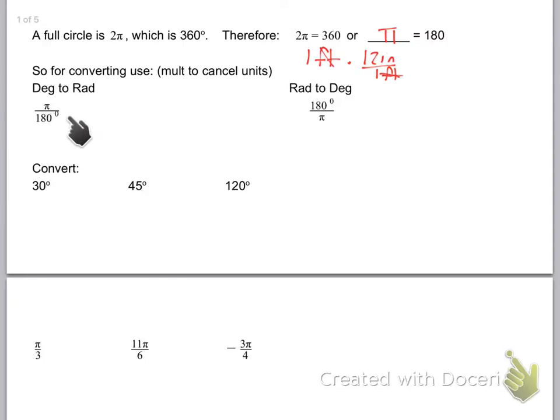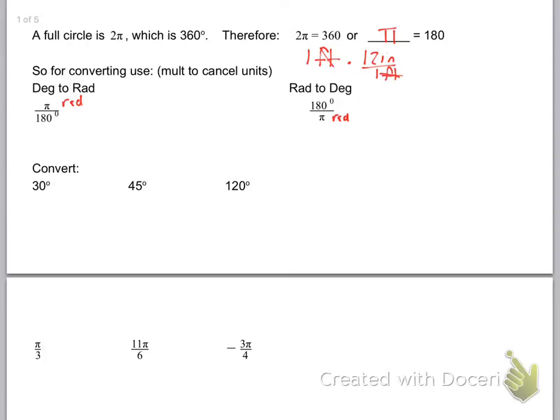And the whole idea is that degrees that are on top will cancel with the degrees on the bottom, leaving you technically, and they don't write it all the time, pi radians over 180 degrees. Or 180 degrees over pi radians. If I want to cancel the radians, or pi's, I put pi on the bottom, 180 degrees on top. It's as easy as that.